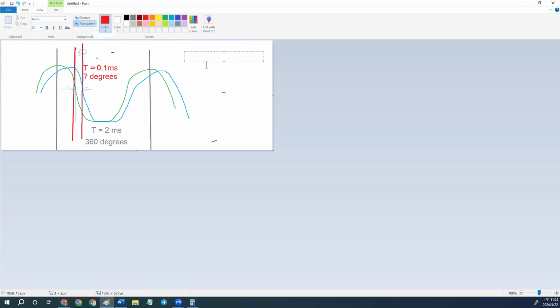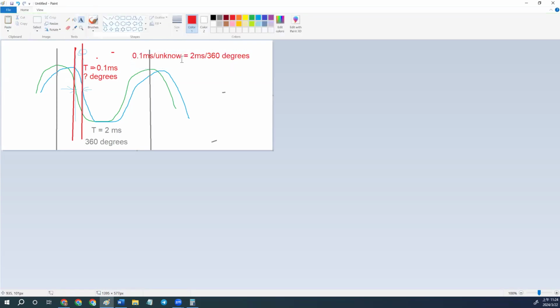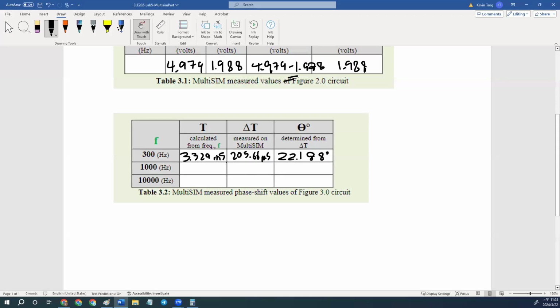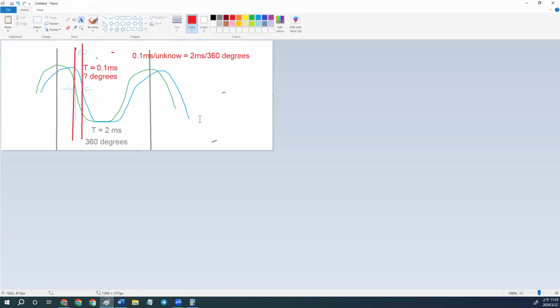So it basically has 0.1 µs divided by the unknown degrees equal to 2 µs divided by 360 degrees. So that's the equation. That's what we just did. If you get it, it's very simple. You just move the unknown up, then you go 2 divided by 360, then you get the result. Very simple. Basically using the ratios.